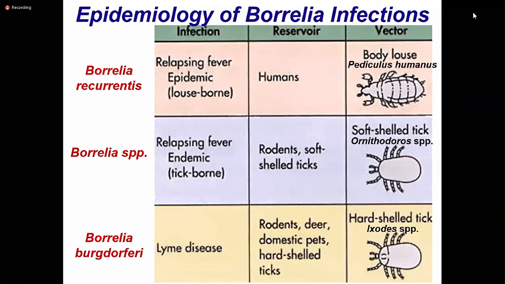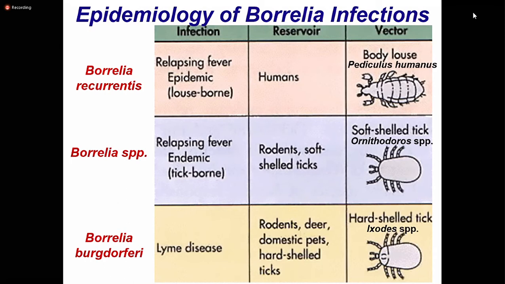One, Borrelia recurrentis, causes what is called relapsing fever, and the reservoir is human. The other Borrelia species are related to relapsing fever and Lyme disease, and this usually comes in your USMLE exam, and these are transmitted by ticks or by animals, or zoonotic infection.